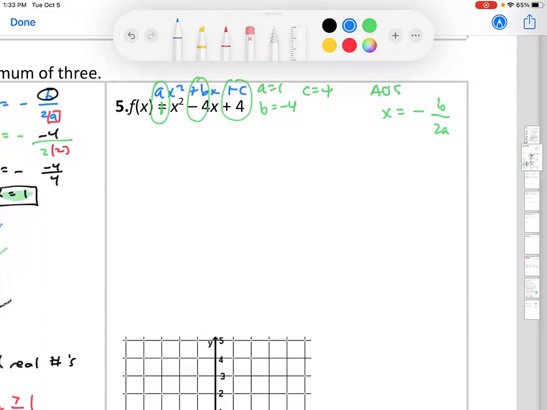My a value is 1, and my b value is negative 4. Okay, let's simplify this. So negative 4 divided by 2 is negative 2, and the opposite of negative 2 is positive 2.